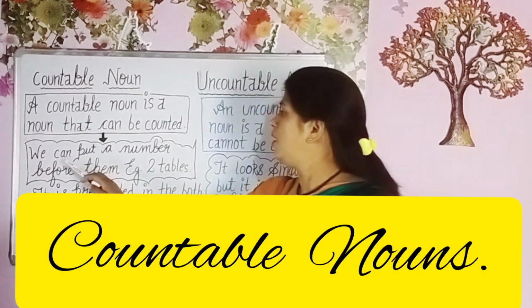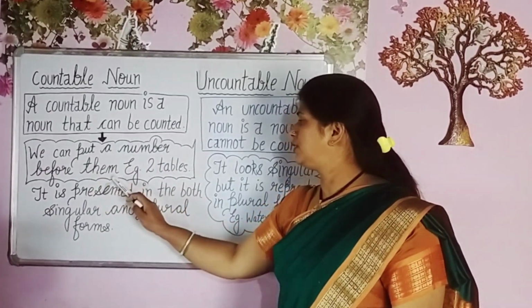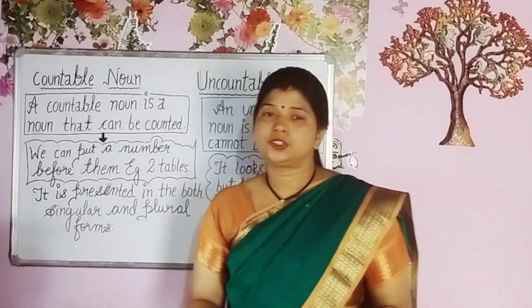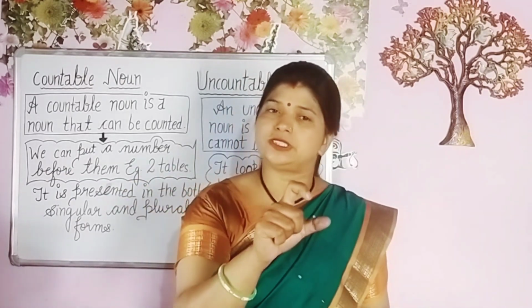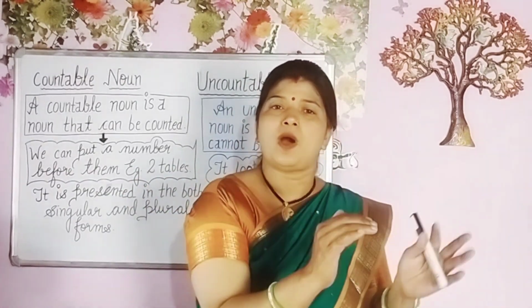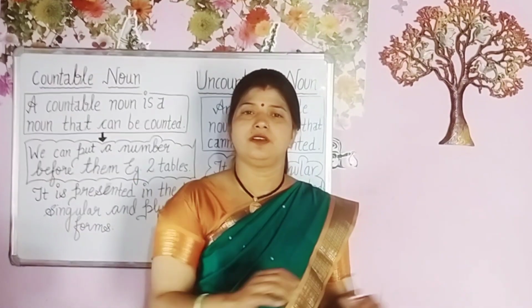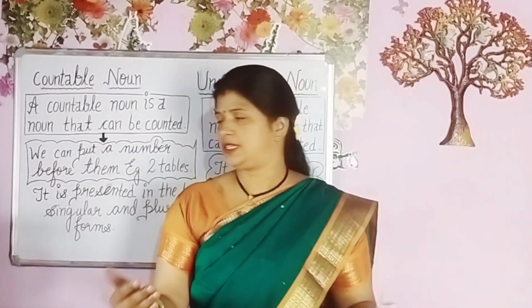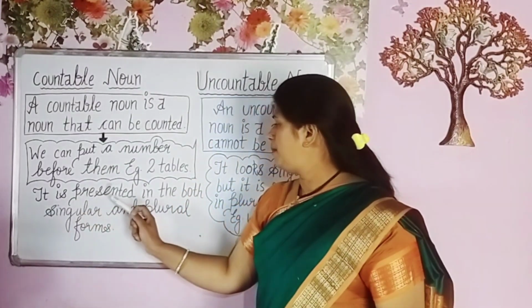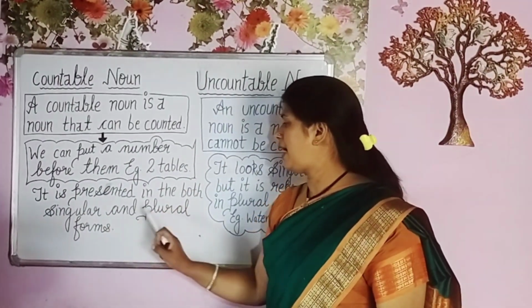Okay, so we can put a number before them, like 2 tables. In a countable noun, dear children, we can put numbers also, like 1 table, 4 trees, 5 mangoes. Like this we can put a number before it, and it can be presented in both singular and plural form.